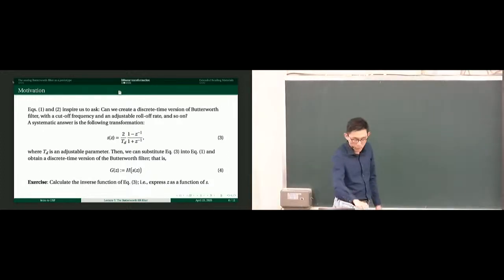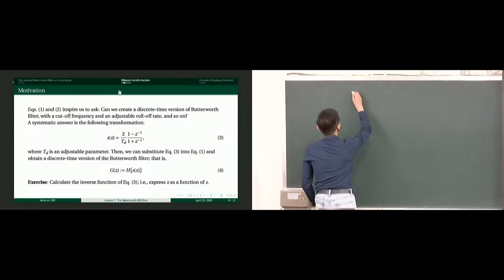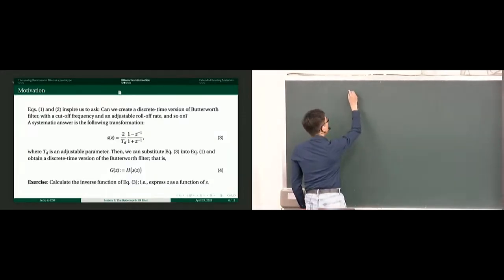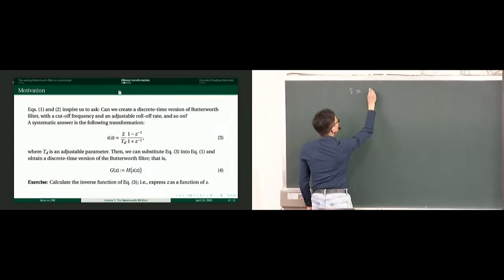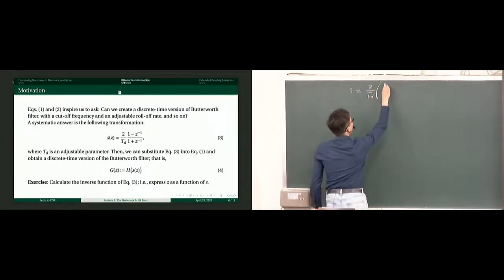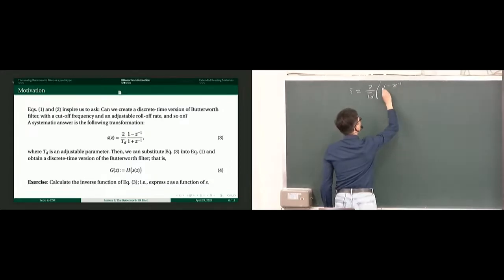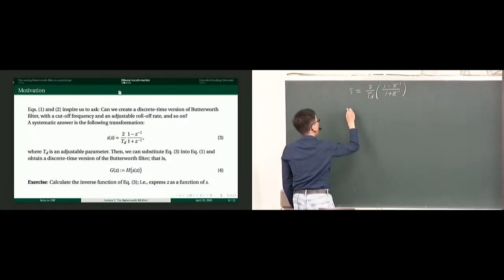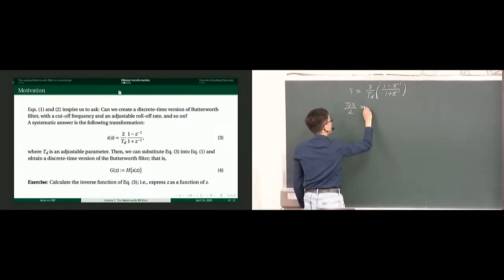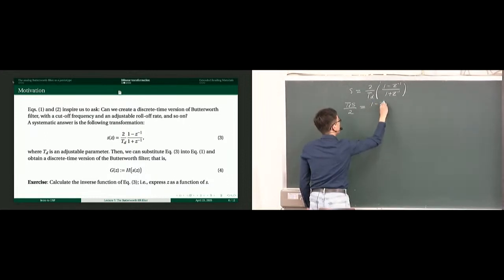Find Z as a function of S. If S equals 2 divided by TD times (1 minus Z inverse) divided by (1 plus Z inverse), then TDS divided by 2 is (1 minus Z inverse) divided by (1 plus Z inverse), right?